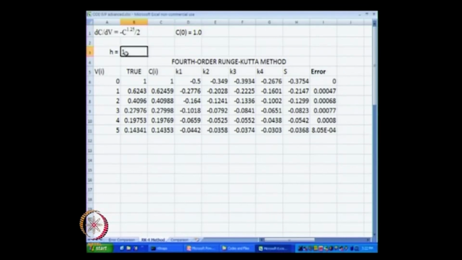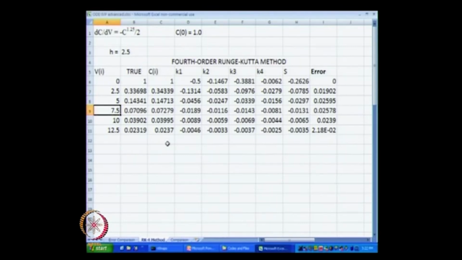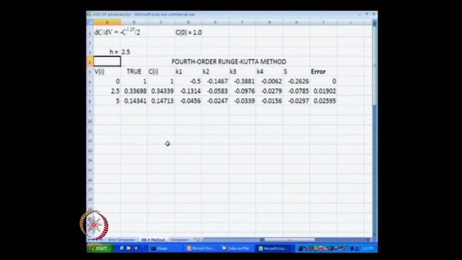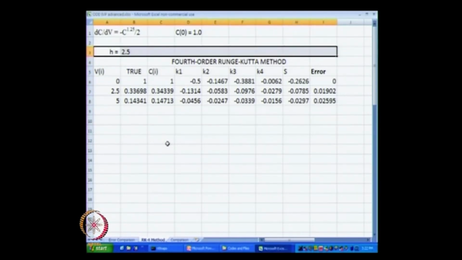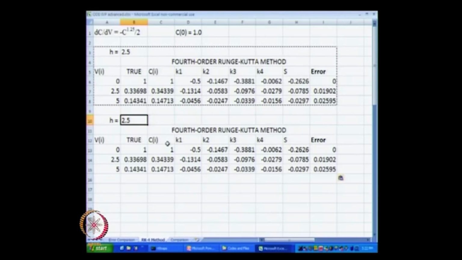We will take a step of H equal to 5, actually we can't take a step of H equal to 5, so let us take H equal to 2.5 and then repeat this with a step of H equal to 1.25. I am doing this so that the difference between the two methods becomes very evident.